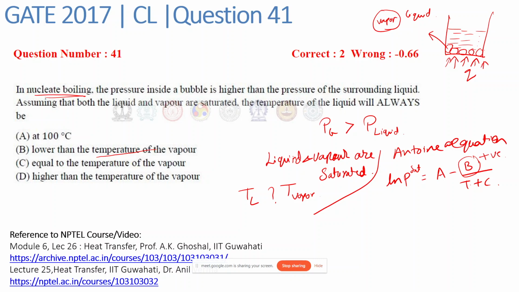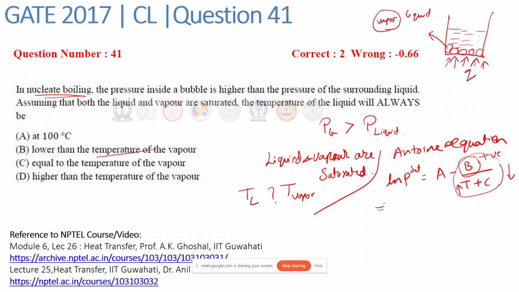Now from this equation we have to find how pressure will change with respect to the saturation temperature. Let's say my temperature increases. With increasing temperature, this entire term will decrease, and ultimately this term will increase.